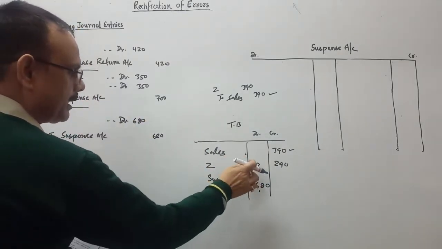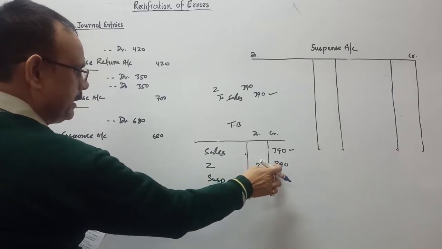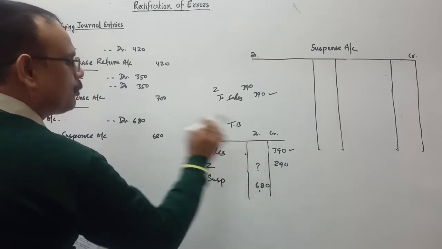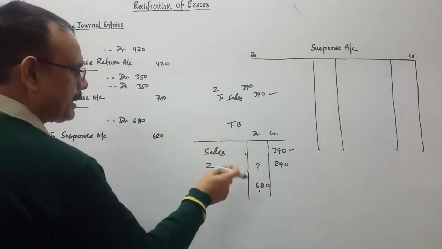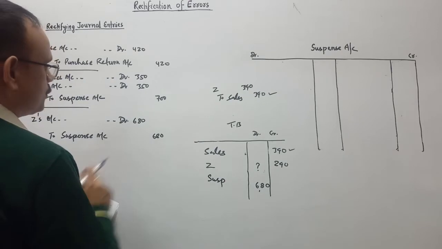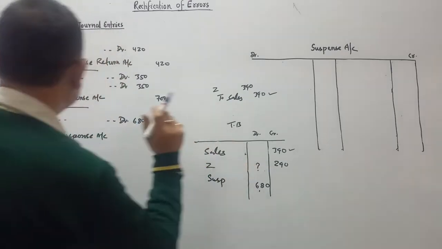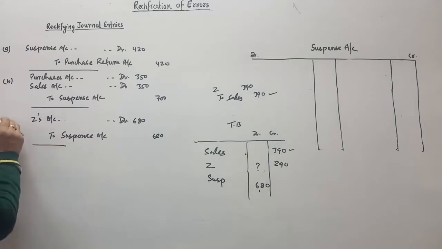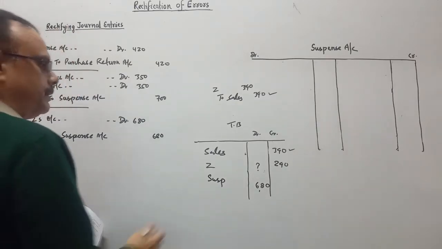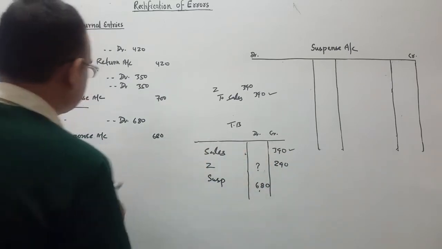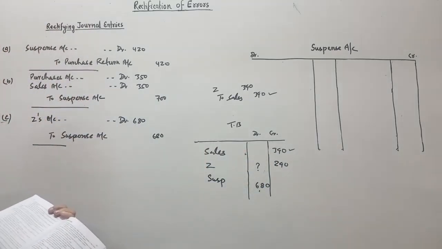Because if you write 290, this will be cancelled and you have to write 390 more over here. So 390 plus 290, 680, you have to debit the Z's account for rectifying. This is rectification number C. Is it clear? Just add this amount and then write it in the debit side of Z account to rectify this.